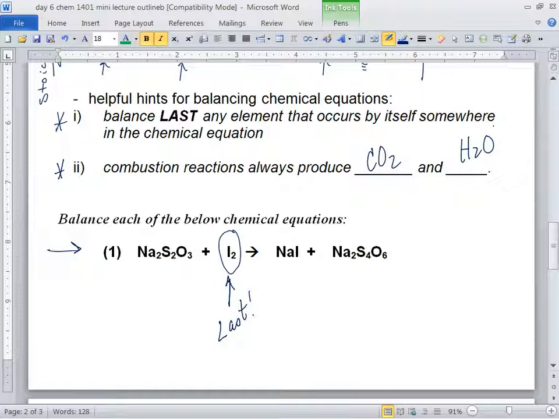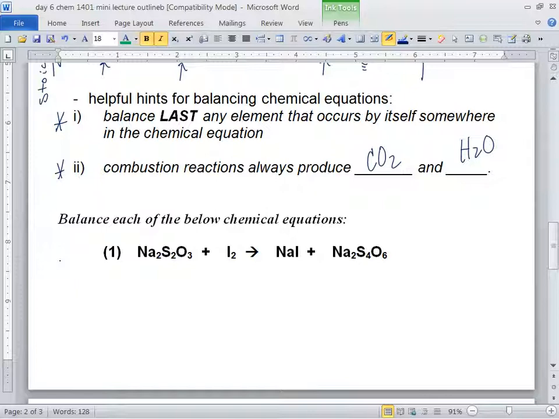Okay. So we'll do this first one together, and then we'll go to the boards. We'll try to make this as painless as possible here. Okay. So let's pick on Emily. Emily, what element would you like to balance first? Sodium? Okay, she had to pick sodium.